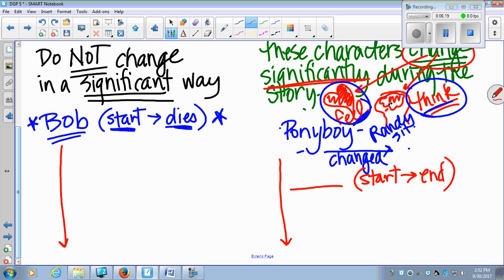Another character that you could put in the static category, how about we put 2-Bit over here? 2-Bit's world, his life, his characterization does not change.